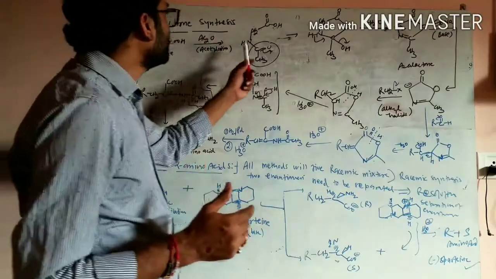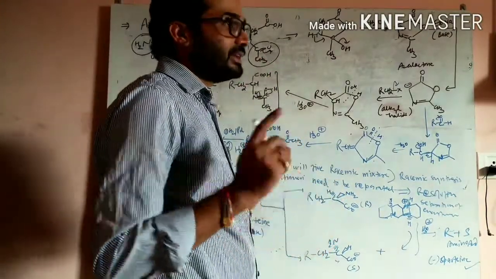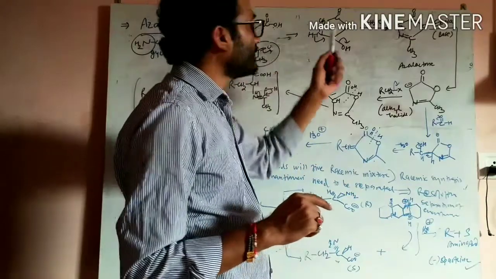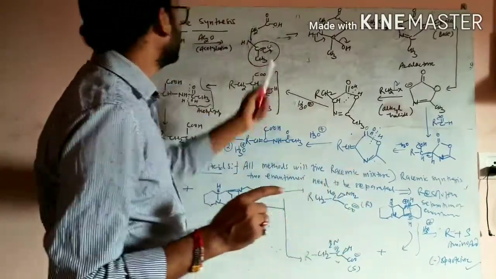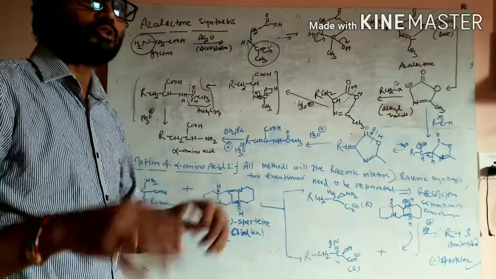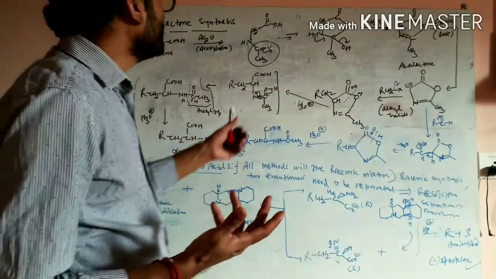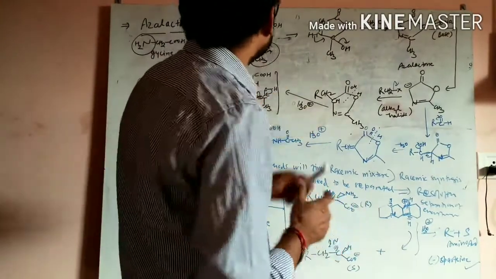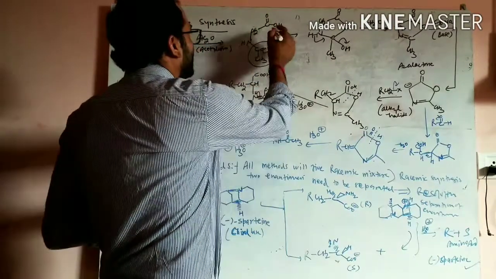After acetylation, once it is acylated, it will undergo simultaneous cyclization. You will not get this acylated glycine molecule. It will automatically undergo cyclization like that. This carbonyl group is here and this oxygen is here.